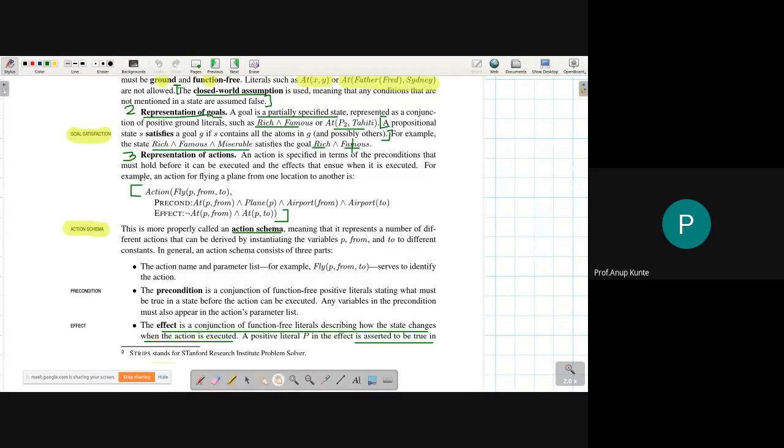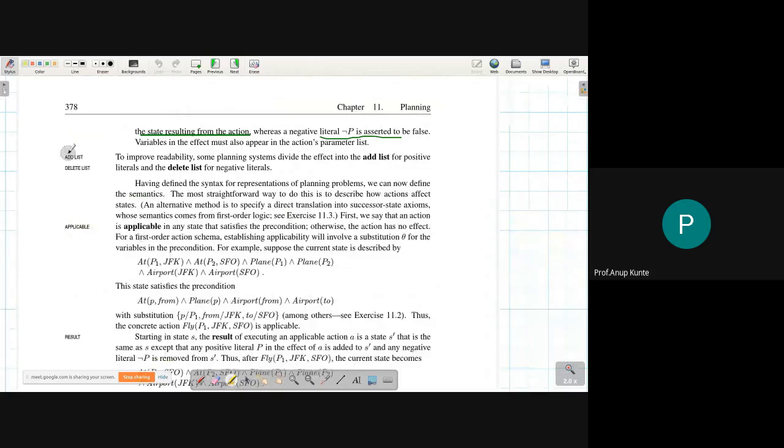That is why in some problem solvers we say we generate two kinds of lists: one is the add list and the other one is the delete list. All the positive assertions, or P kind of assertion items, are going to be in the add list, and not P kind of assertions will be in the delete list. Okay, so this is how the action schema is.